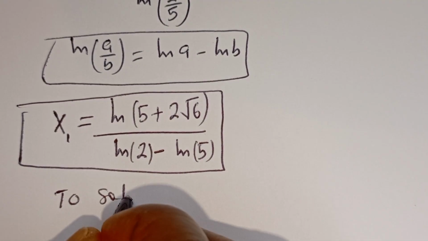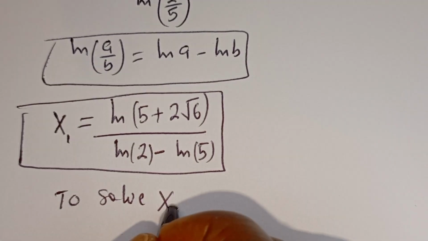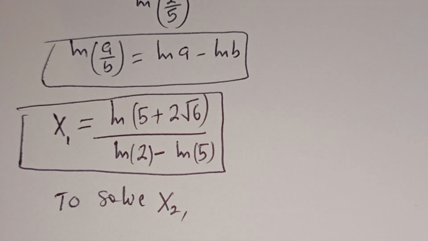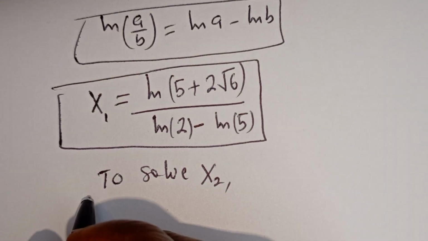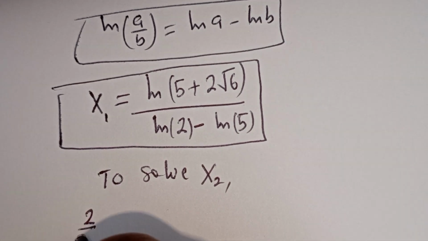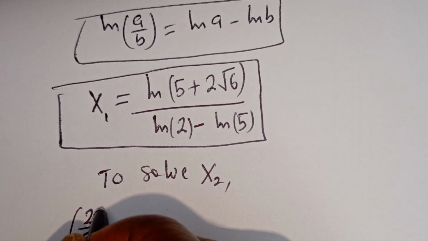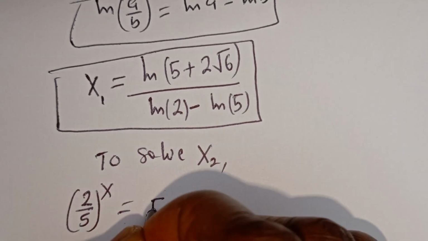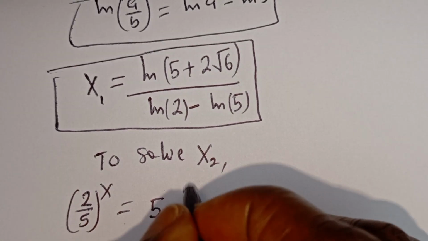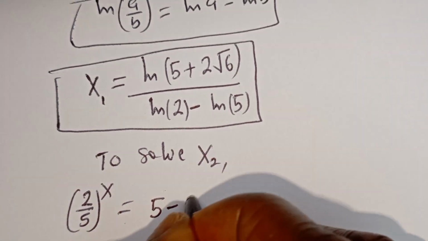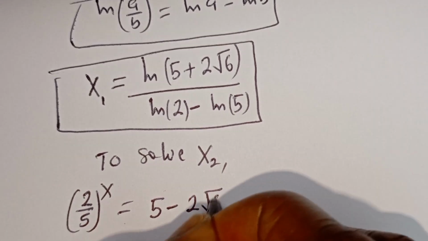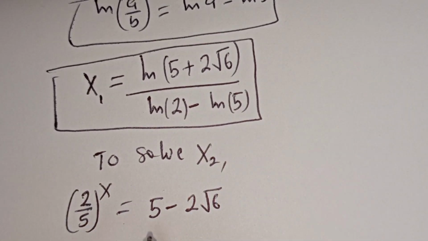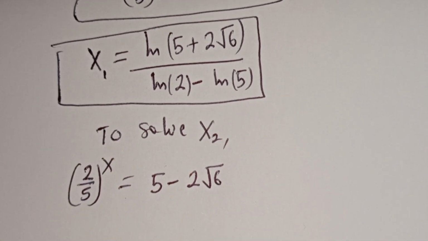Also for x2, to solve x2, we have 2 divided by 5 to the power of x is equal to 5 minus 2 square root of 6. Now let's take the natural log of both sides.